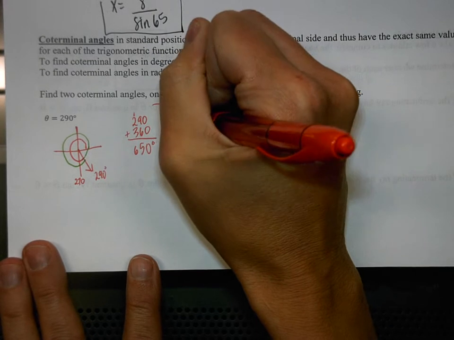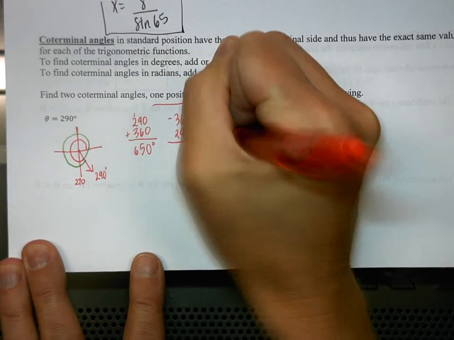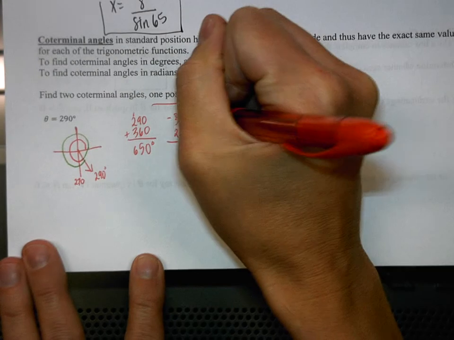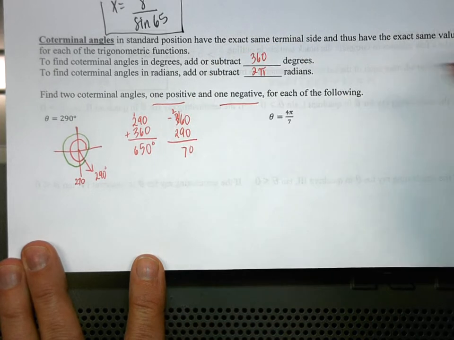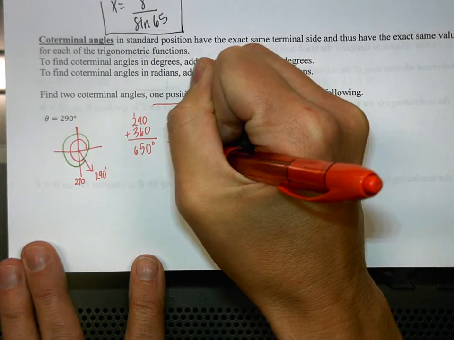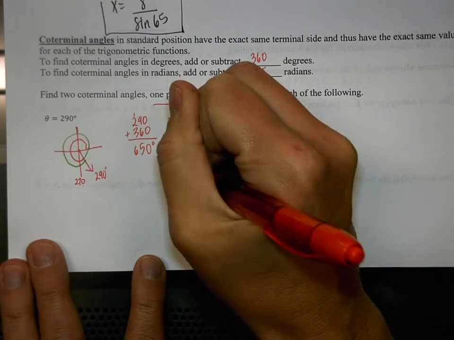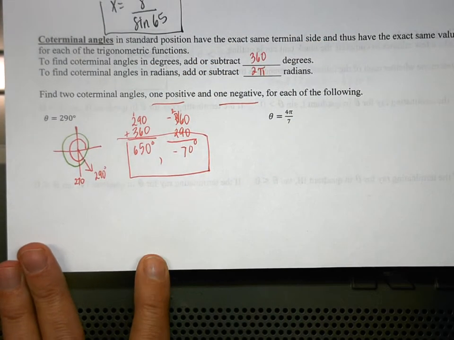And so I'm going to subtract 360 degrees from 290. So you end up getting 70. But it's not 70, it's negative 70 degrees. So those are my 2 coterminal angles.